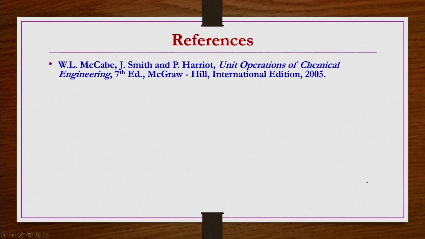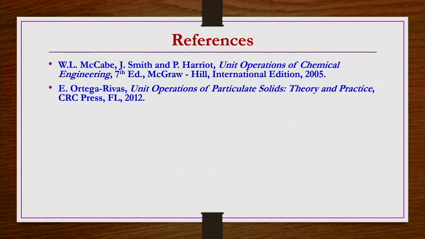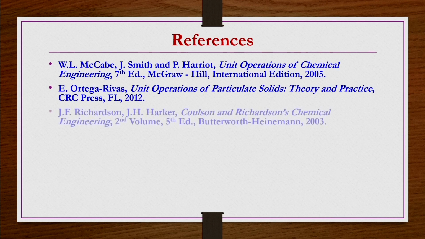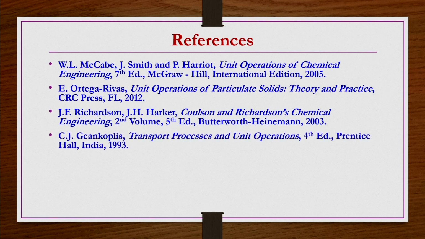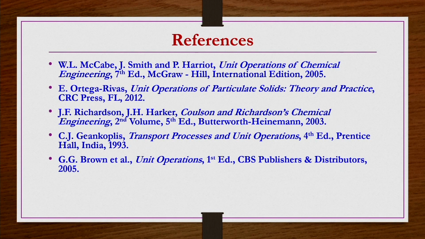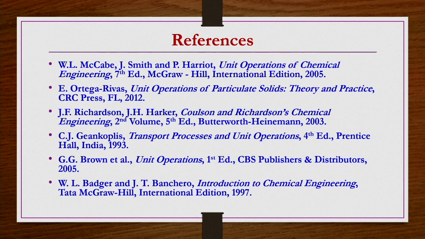The references used for this particular lecture are given here. The Unit Operations of Chemical Engineering by McCabe, Smith and Harriott, Unit Operations of Particulate Solids, Theory and Practice by Ortega-Rivas, Coulson and Richardson's Chemical Engineering series, second volume by Richardson and Harker, Transport Processes and Unit Operations by C.J. Geankoplis, Unit Operations by Brown et al., and Introduction to Chemical Engineering by Badger and Banchero.